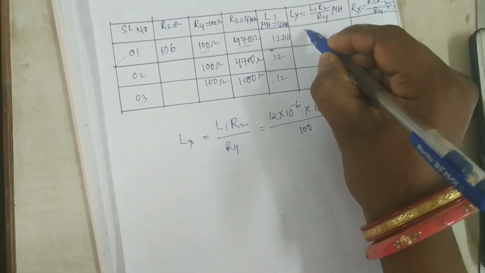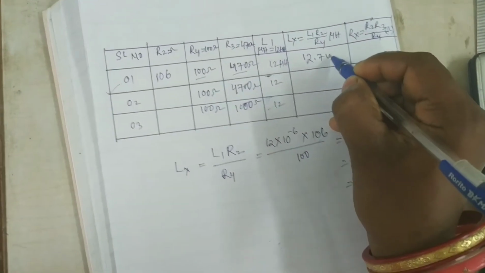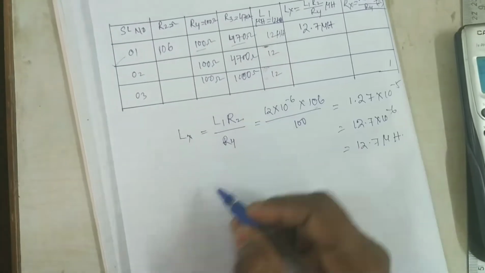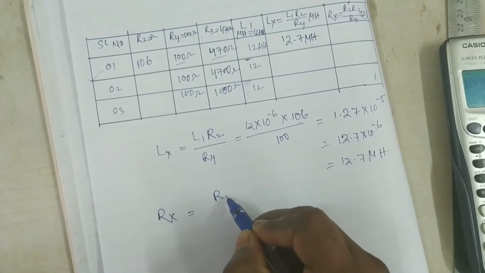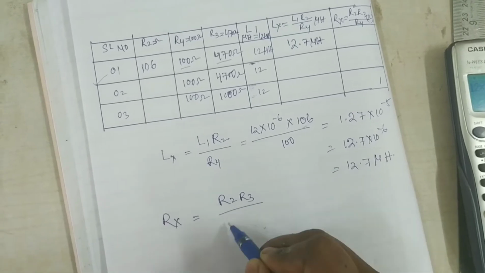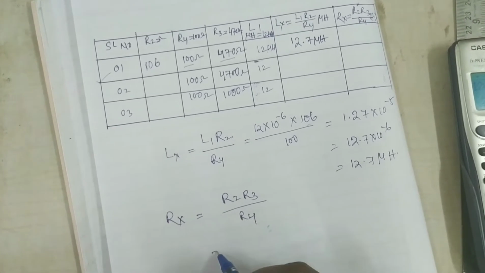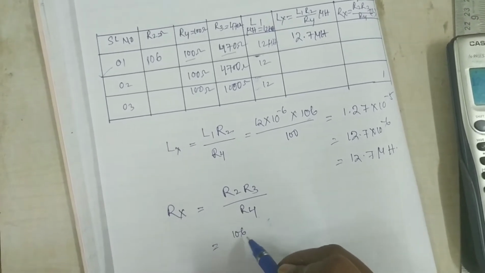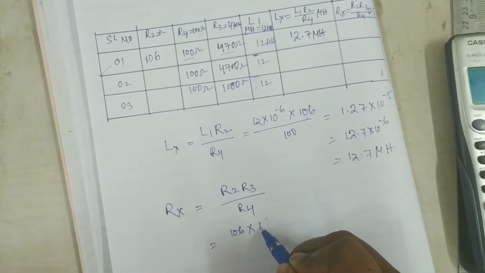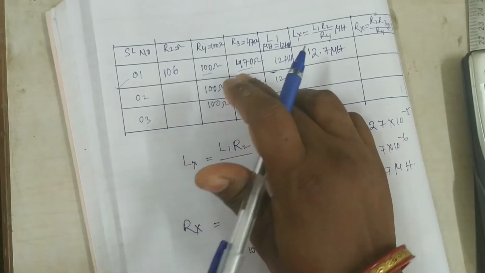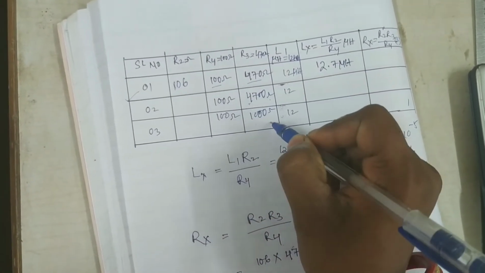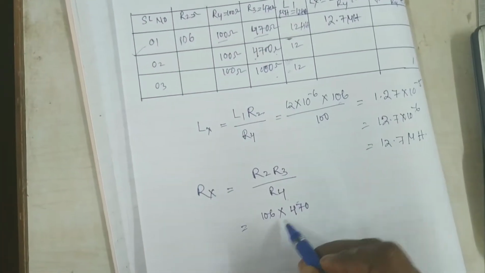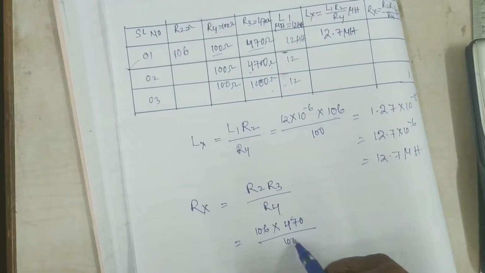So here 12.7 microhenry. Then let us find the value of Rx. So Rx is R2 R3 divided by R4. So R2 is 106, R3 is 470, R4 is 100.